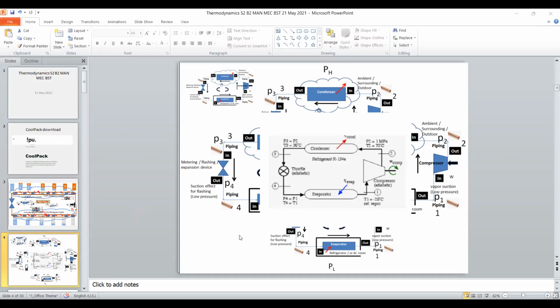Learning refrigeration or the cooling technology is not learning about the components. Underneath the components, the working fluid passing through each and every component in a sequence makes this cooling possible. So you have to look a little deeper. Then only you can develop the solutions.